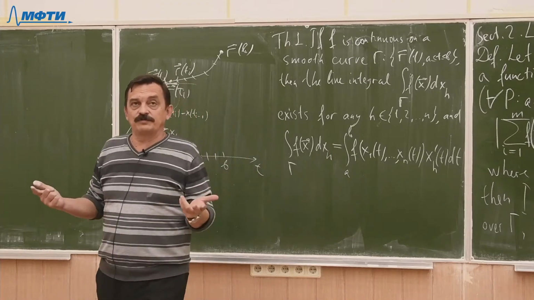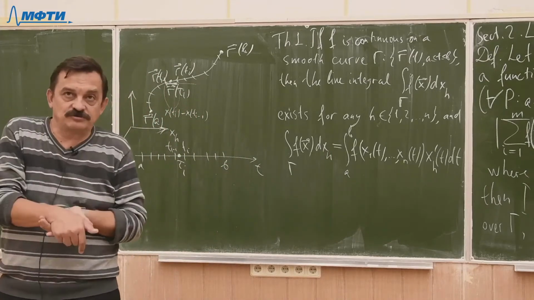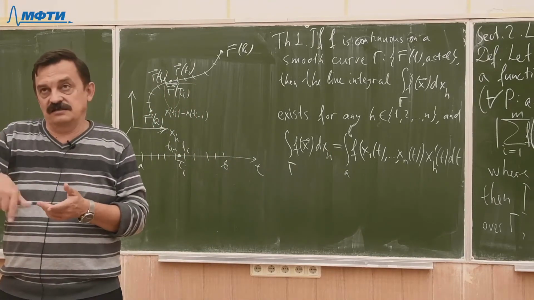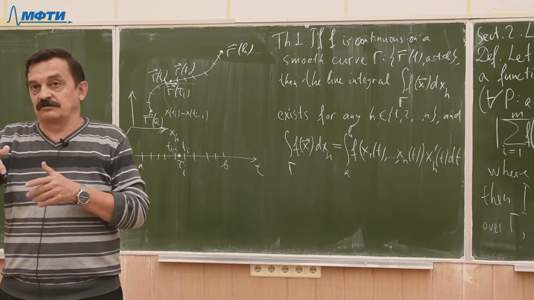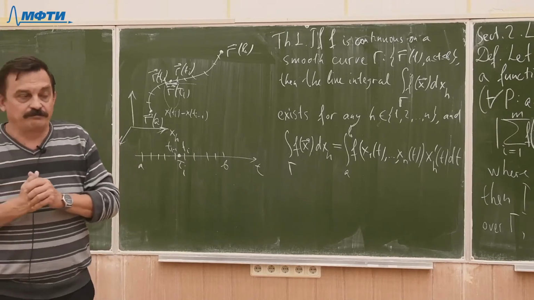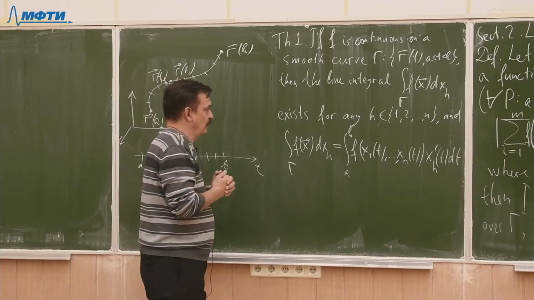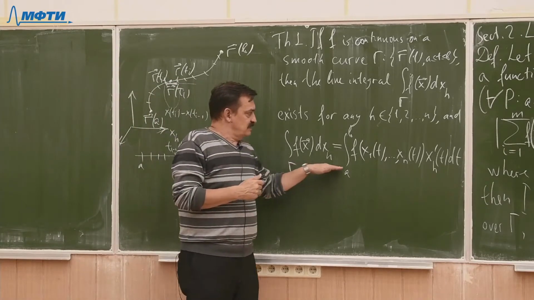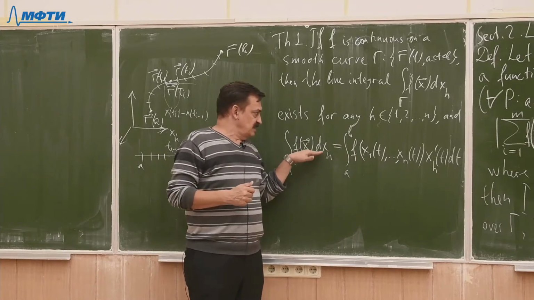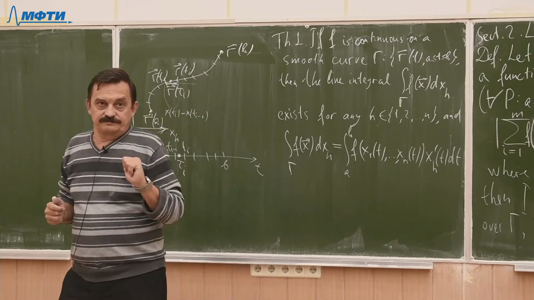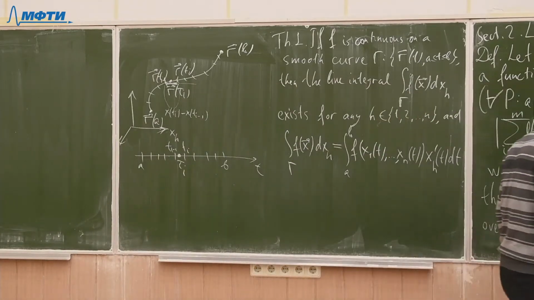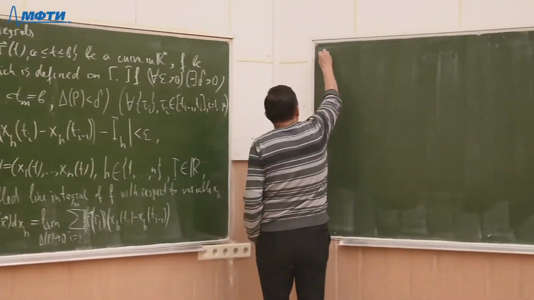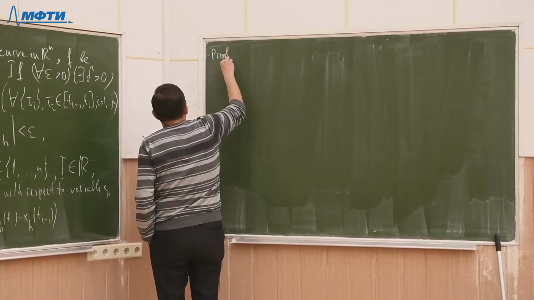And how to compute? Just to substitute. ds is the integral of the square root and so on, right? Integral of the modulus of r prime. A similar situation is here. Just substitute, nothing else. So, proof. The proof is also very similar.